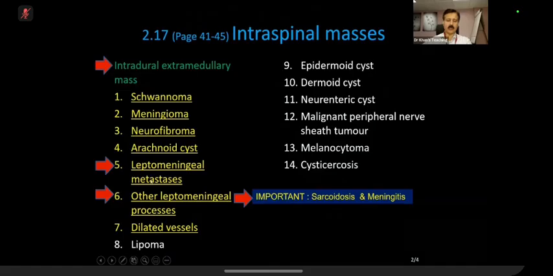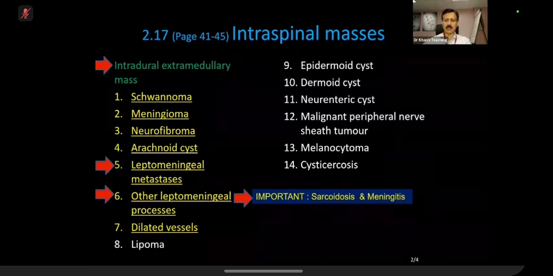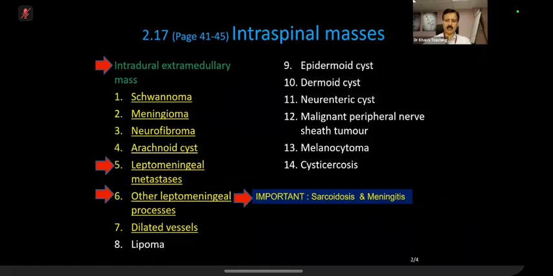The most important will be leptomeningeal metastasis and other leptomeningeal processes according to Chapman. Within that, the most important are sarcoidosis, the greatest mimicker, and meningitis. Meningitis of any type can be viral, tuberculous, or pyogenic. There will be enhancement of the nerve roots, etc.